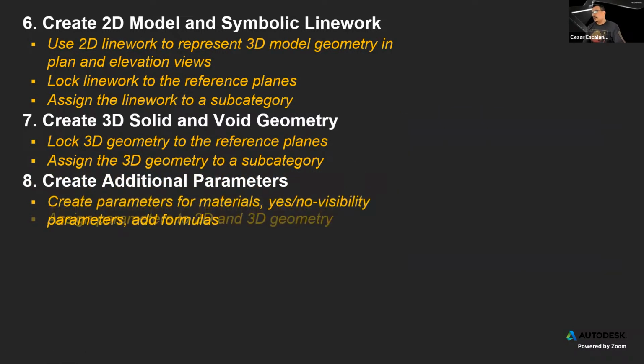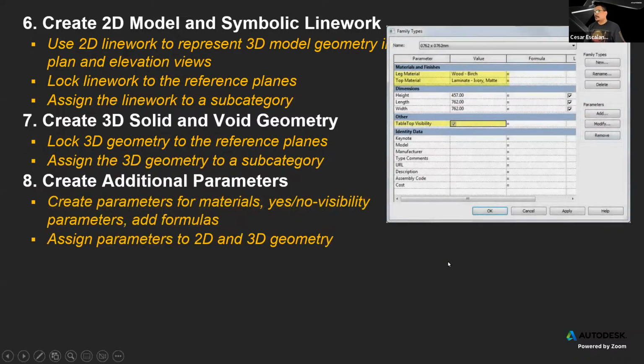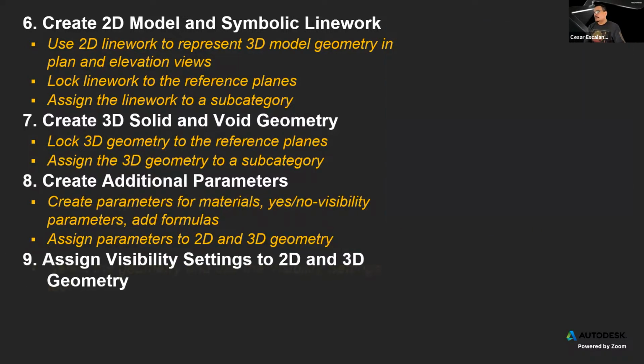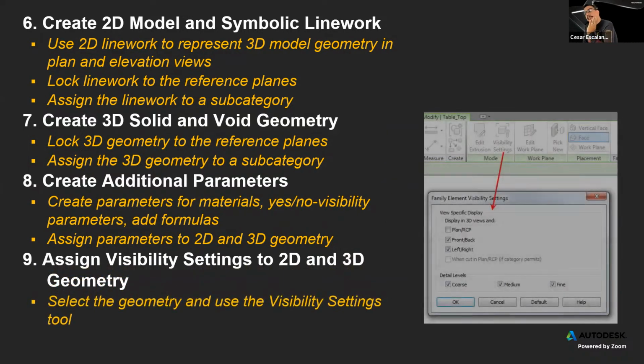Then we create additional parameters as needed, like materials, visibility, formulas, and assign those parameters into the family types. Then you also assign visibility settings, which allow the geometry to be visible in different projection views. So you can set a geometry to display in different projection orientations: front, back, plan. And you can also set the geometry to display at a specific detail level: coarse, medium, or fine.